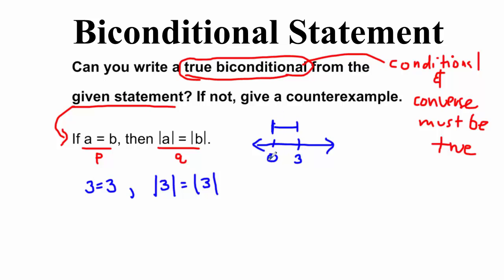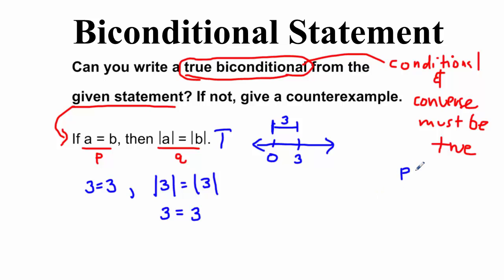So how far is 3 to 0? Well, that's 3. So the absolute value of 3 is 3, and the same calculation gives me 3 again. So if I pick two numbers that are the same and take the absolute value of each, they still come out to be the same result. So I can conclude that this conditional is true.